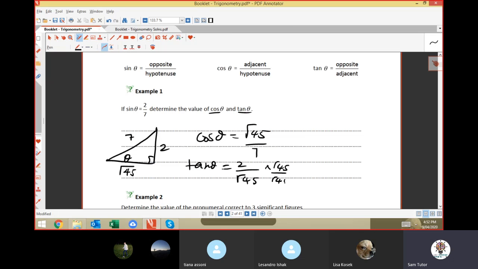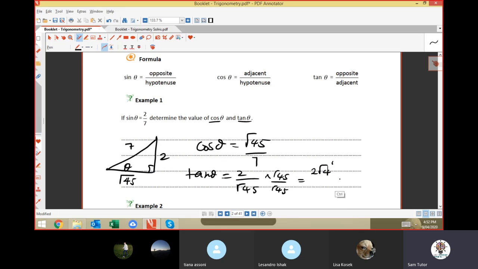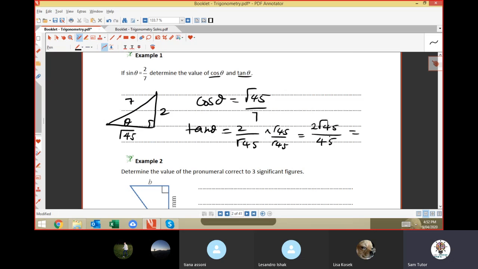Rationalize. Square root of 45. I'll tell you now, you'll get full marks for this, but I just want you guys to get used to rationalizing. Again, at state level. 45 is 9 times 5. Square root of 9 is 3. 3 times 2 is 6.